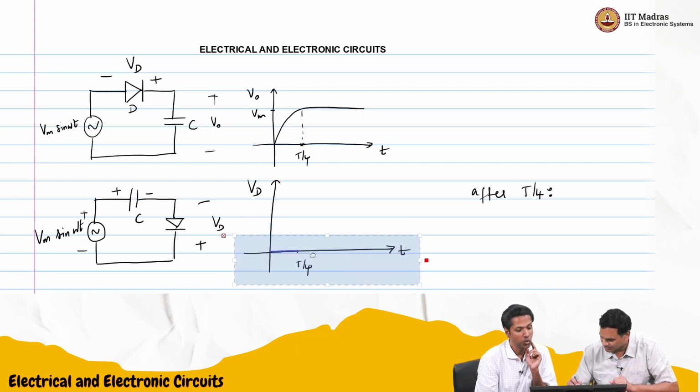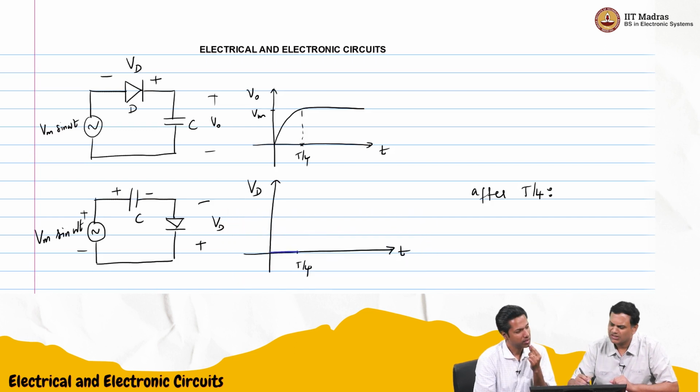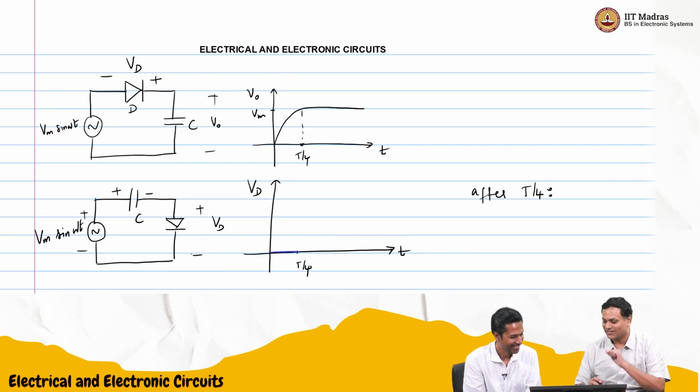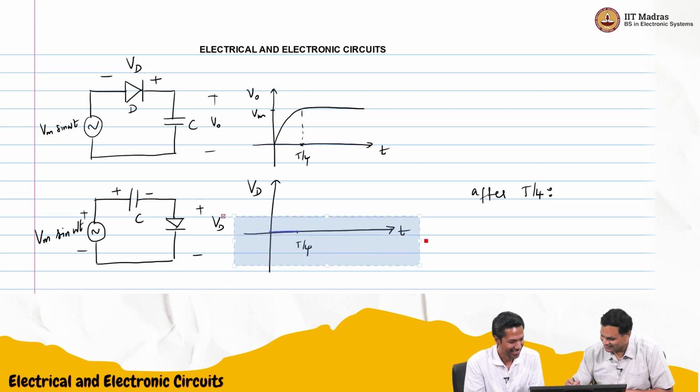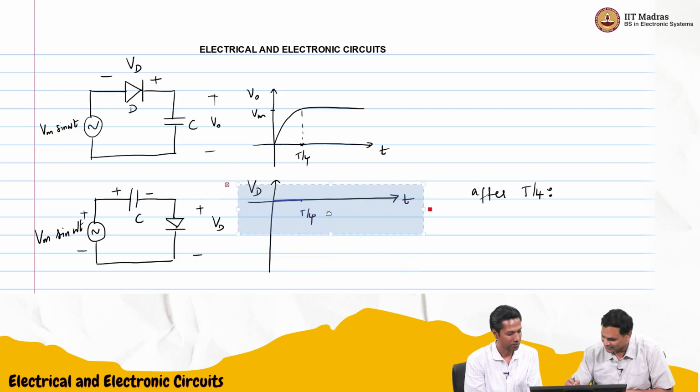The VD, do you want to mark minus, plus that way? We'll mark it the other way. It's easier, because I need to flip my head and think. Sure. We'll mark VD like this. But then it will go negative. Sorry, now I have to move my axis again. So I'll mark it like this.